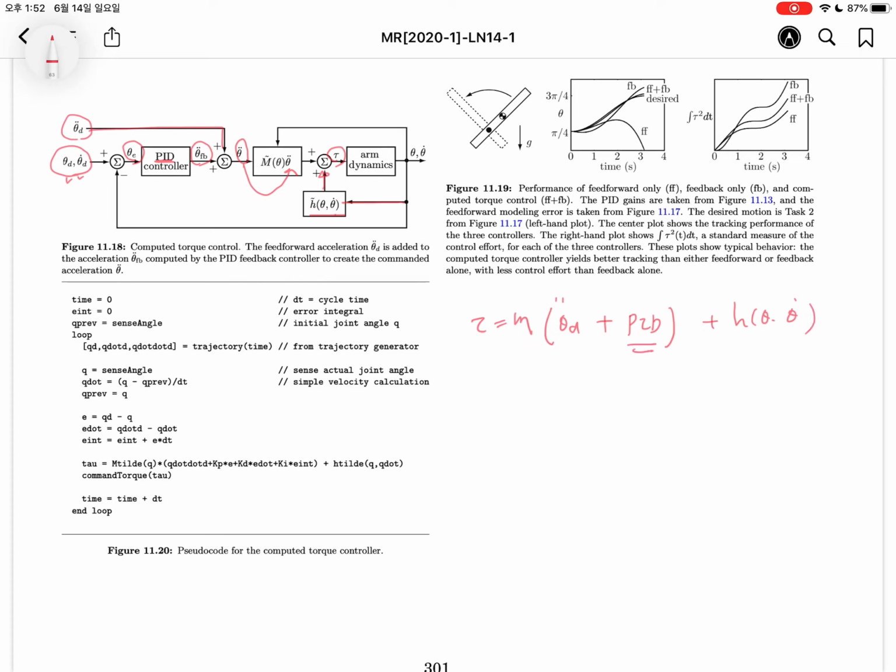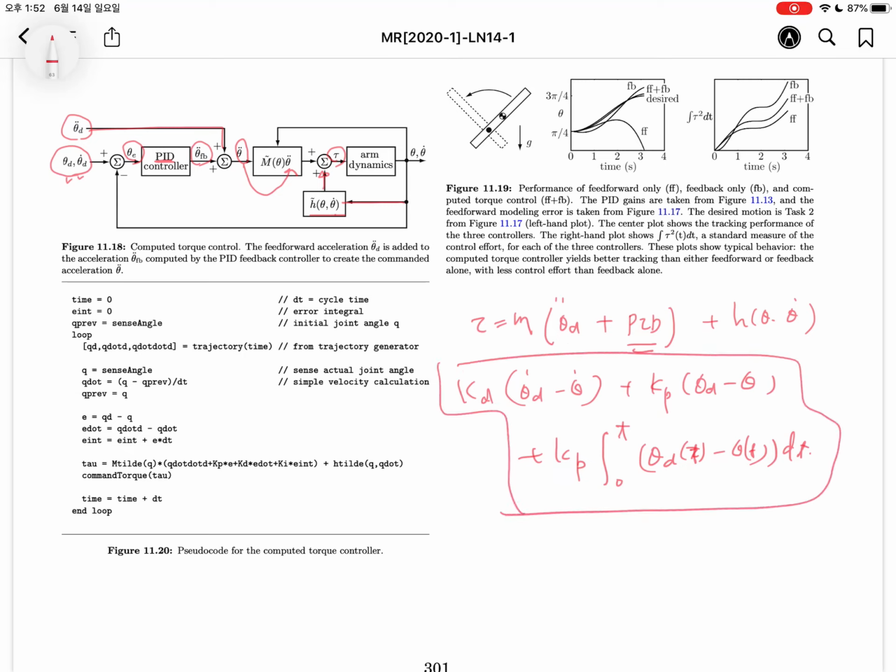Okay, the PID control will be equal to KD gain times theta desired dot minus theta dot, plus KP gain times theta desired minus theta, plus integral gain times the integral from 0 to time t of the error, where the error should be integrated using some integration variable tau. Okay, this is the PID control. Maybe you can use this pseudocode to implement the CTC or IDC.